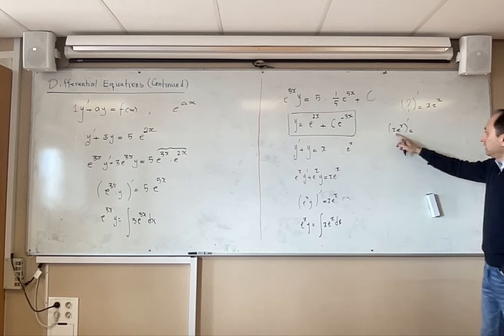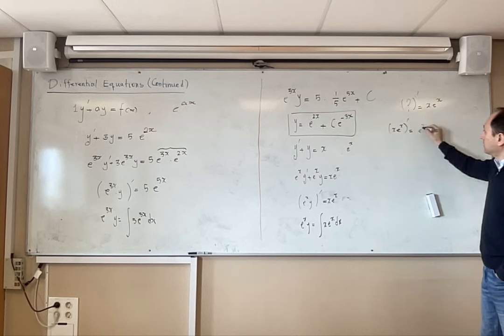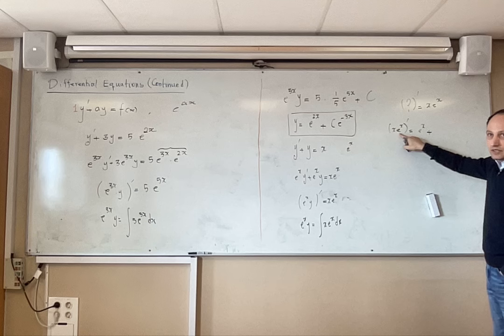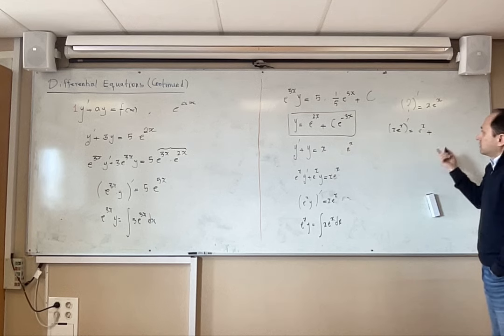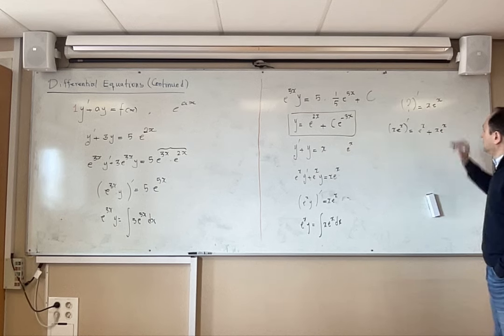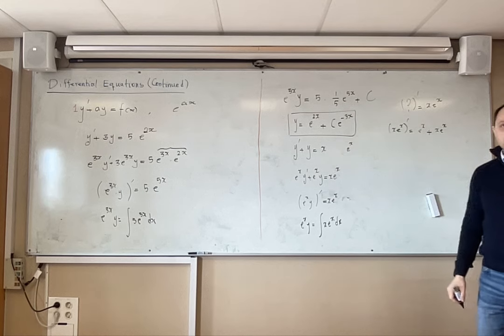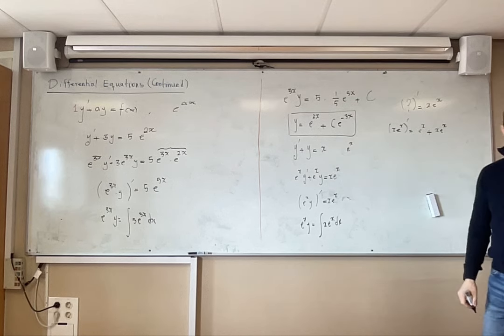What happens then? It becomes the derivative of the first one, 1, multiplied by the second one, plus the first one multiplied by the derivative of the second one. But the derivative of the second one is the function itself. Is it x e to the x minus e to the x?